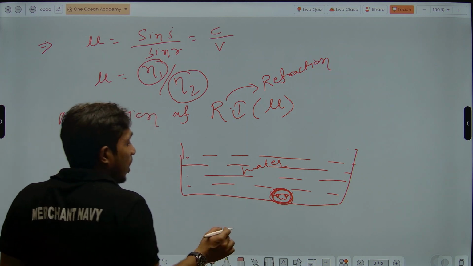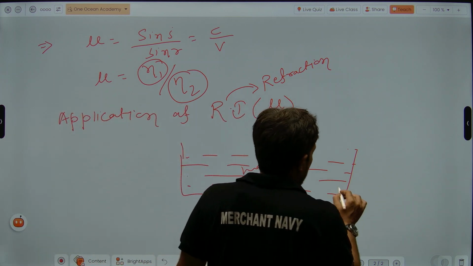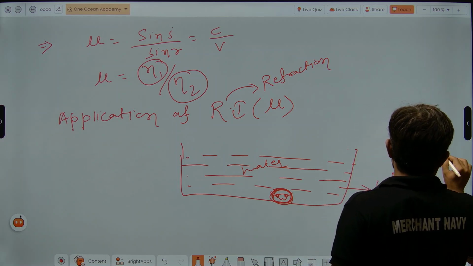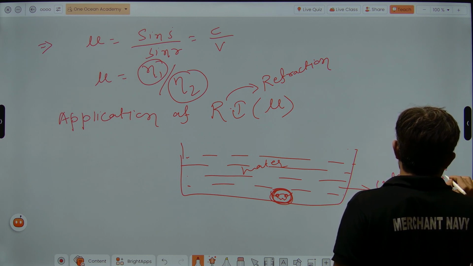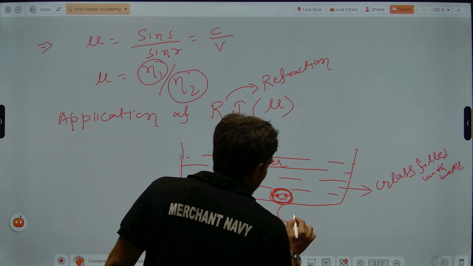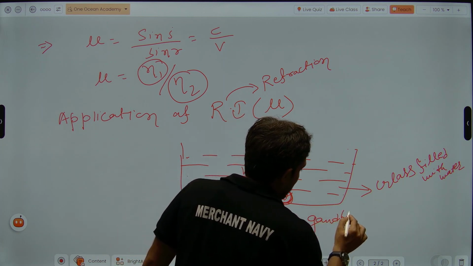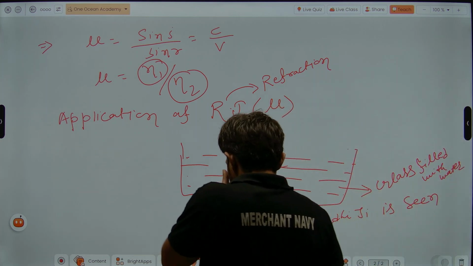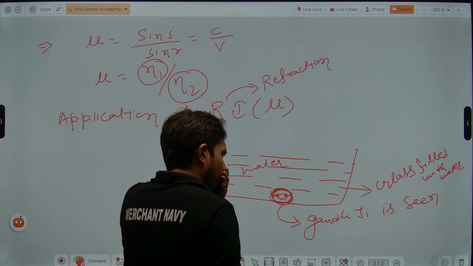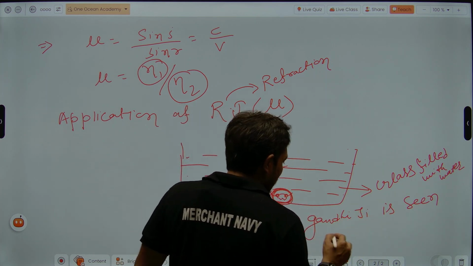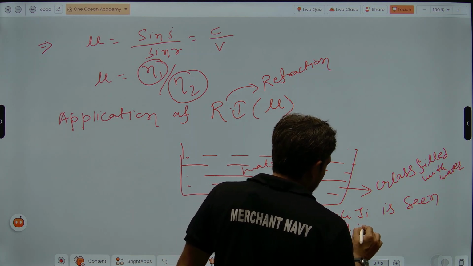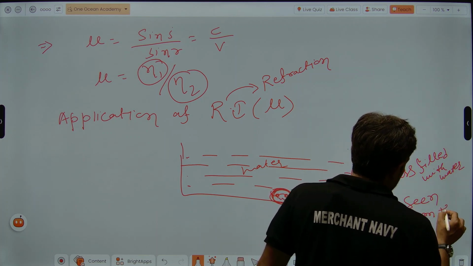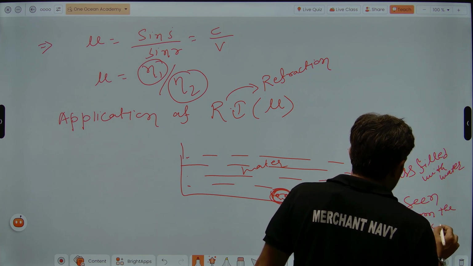So when we look into this glass filled with water, what we see is that Gandhiji is seen just upper from the surface, or from the real position.